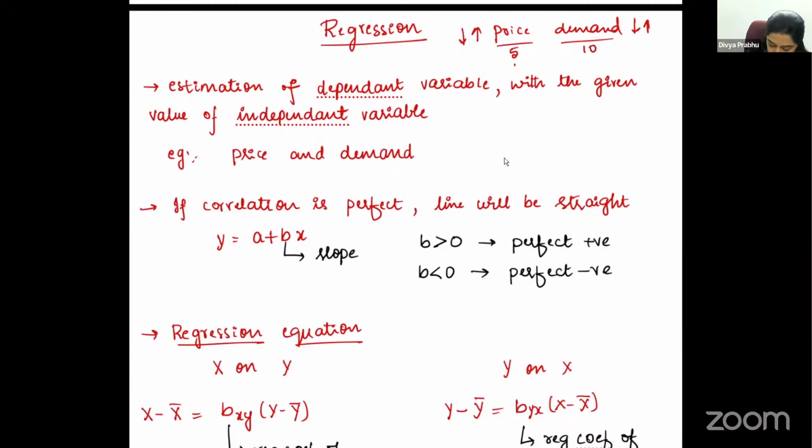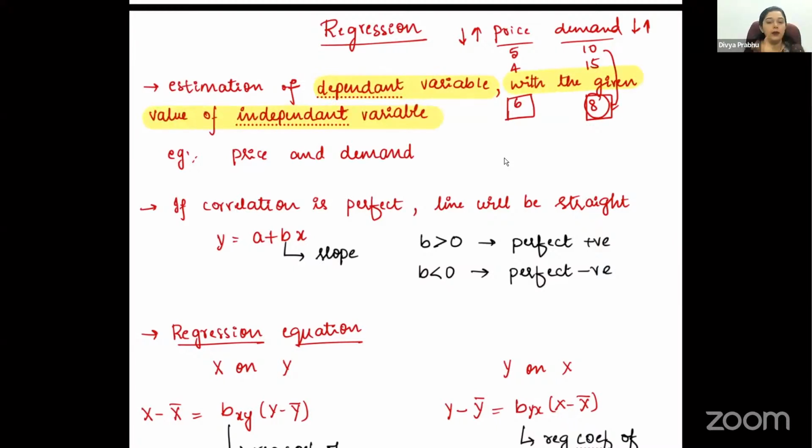When the price reduces to 4, demand increases to 15. Now, if I want to know when the price is increased to 6 rupees, demand will definitely fall from 10, say to 8. This is basically regression. We are estimating the dependent variable with the given value of the independent variable.